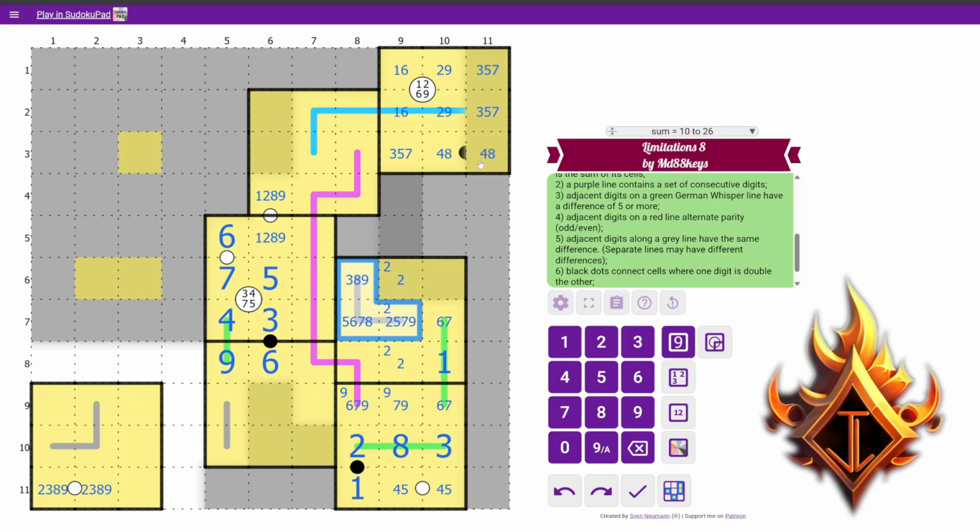Okay, so if this is 6, it goes on the blue line. If it's 7, it does not necessarily have to. Can go in any of those.